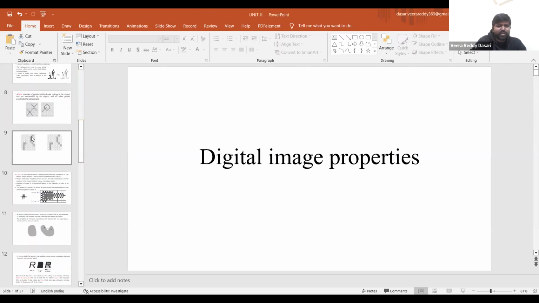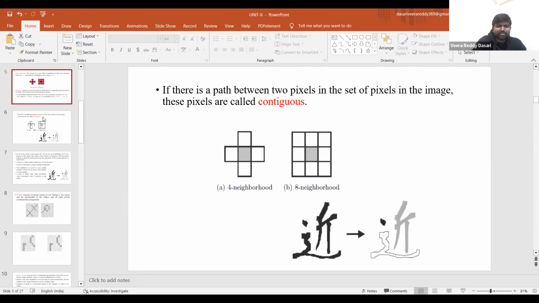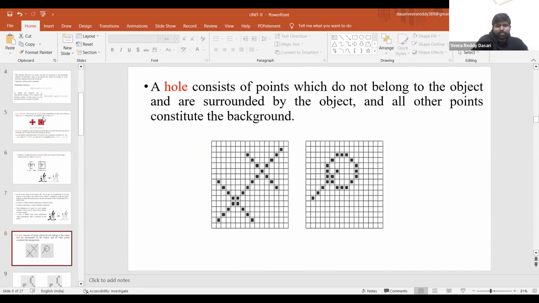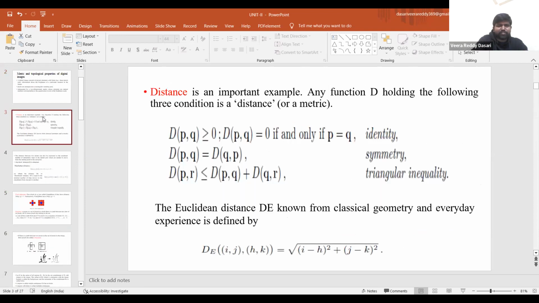And the next question, I think you have to prepare it on your own. I'll tell you the question. If you can prepare it on your own, you try. I already covered almost all the questions except one: what are the different topological properties of digital images?